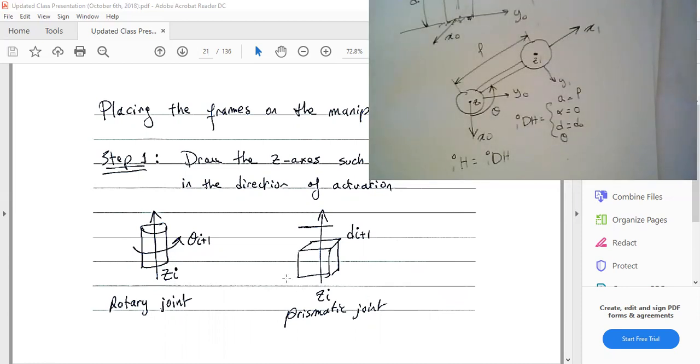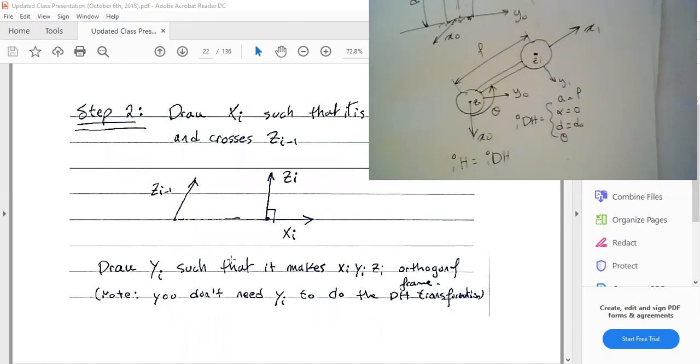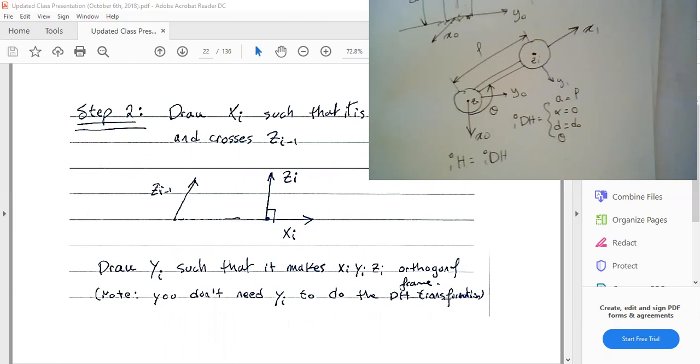You want to put your z axis. The second thing, and this is where most people make mistakes, is that you have to draw your x1. You've already established your base frame, your home frame or world frame, which is x0, y0, z0, and z0 has to be along the first axis of actuation. Now, your second step is to build x1. x1 has to be perpendicular to both vector z1 and z0.